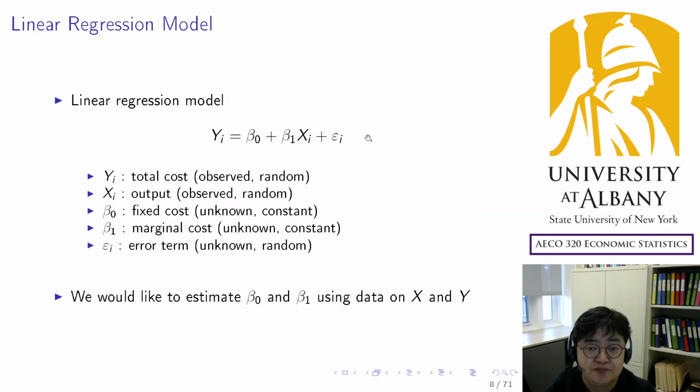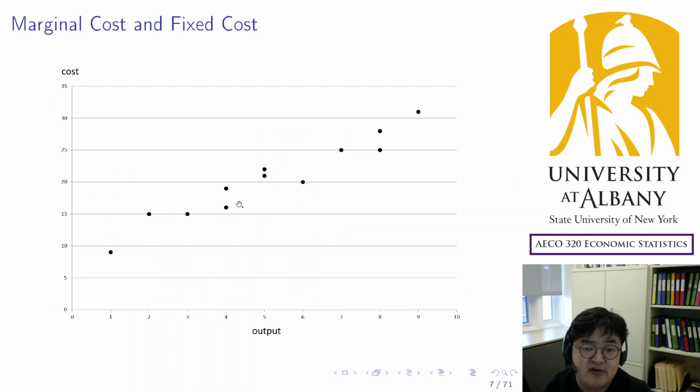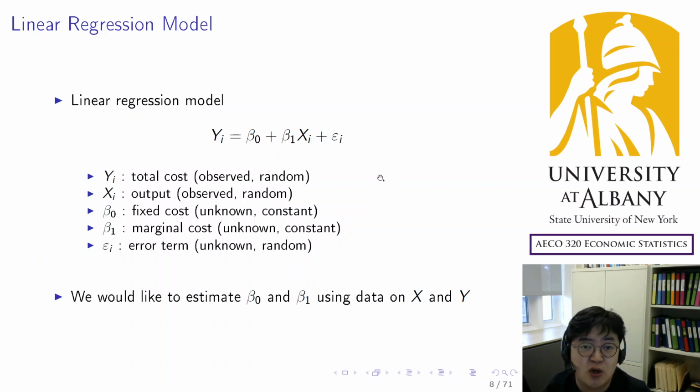To do this mathematically, I'm doing the same thing in a different dimension. We graphically illustrated the data. Now we are going to write an equation. This is the regression equation. I am going to use y for the total cost, and x is the output.